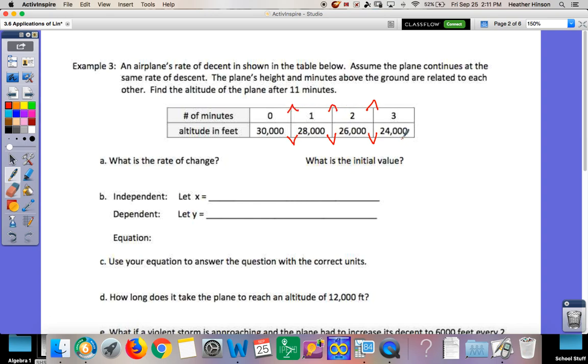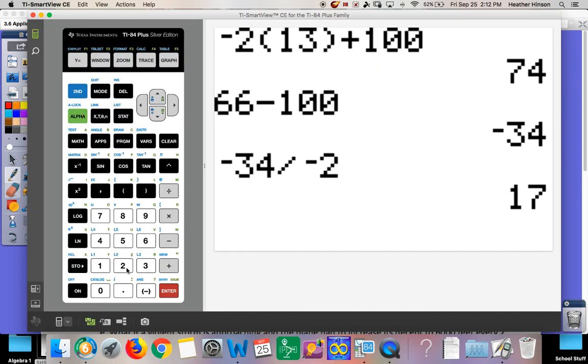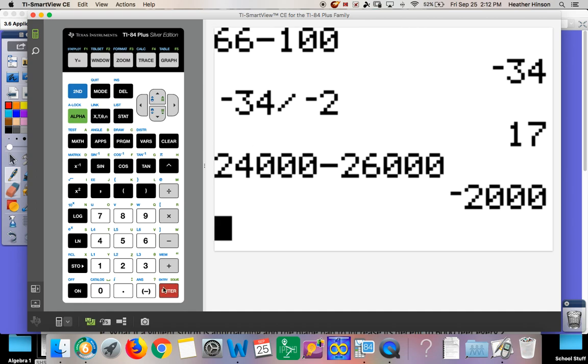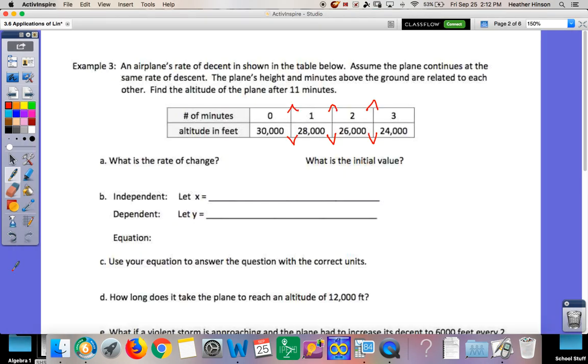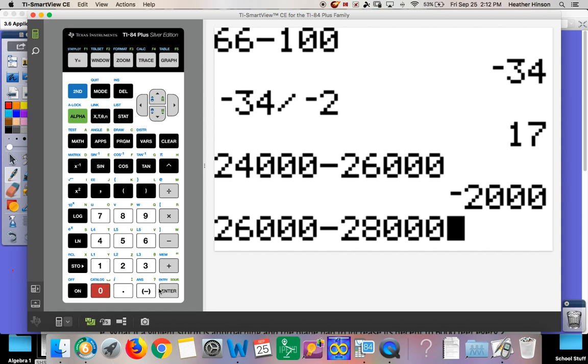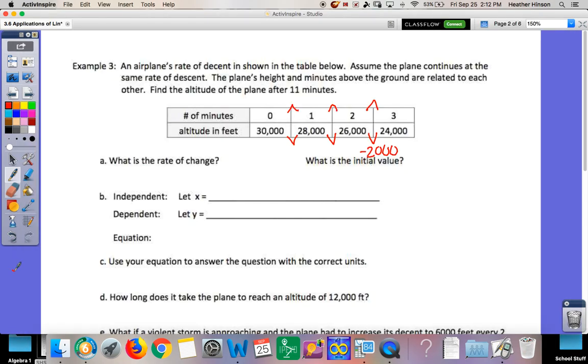So starting at the bottom, 24,000 minus 26,000, then we get negative 2,000. 26,000 minus 28,000, and we get negative 2,000.